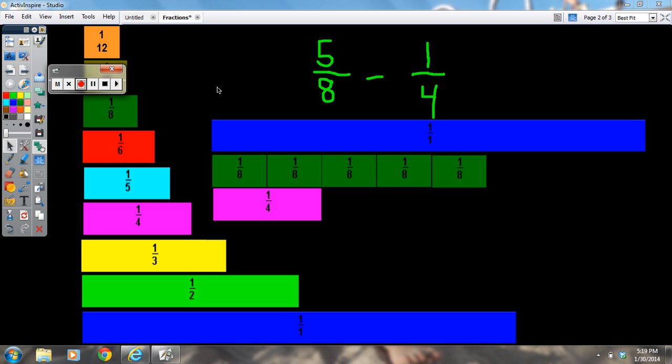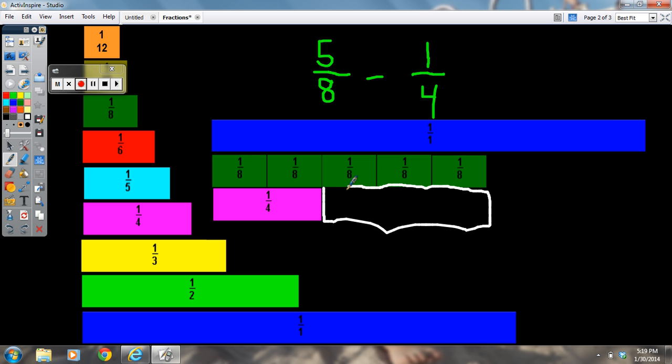In this next example, we have 5/8 minus 1/4, which you can see I already have the 5/8 set up here, and I have the 1/4 placed right underneath that. What we're doing is figuring out the difference between those two fractions. We need to figure out what would fit in this spot. Once again, we could find the common multiple of the denominators, meaning the common denominator here, which would be 8, and use those eighths pieces and slide them in.